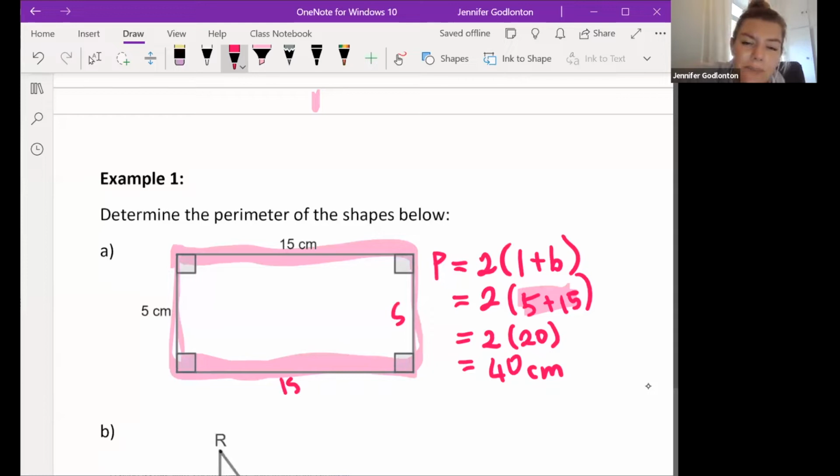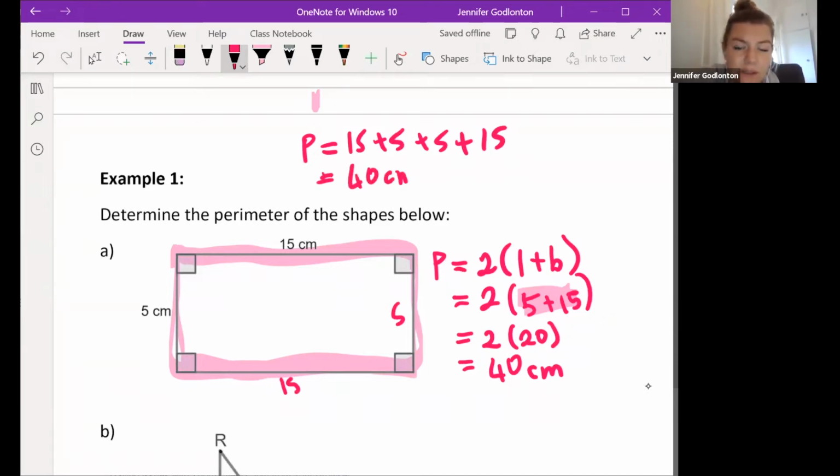And so you can also just write P is equal to 15 plus 5 plus 5 plus 15, which is 40 centimeters. Totally fine. You don't have to have the formula, but you can absolutely have the formula if you want to. As long as you're getting to the 40 centimeters, that's all that really matters.